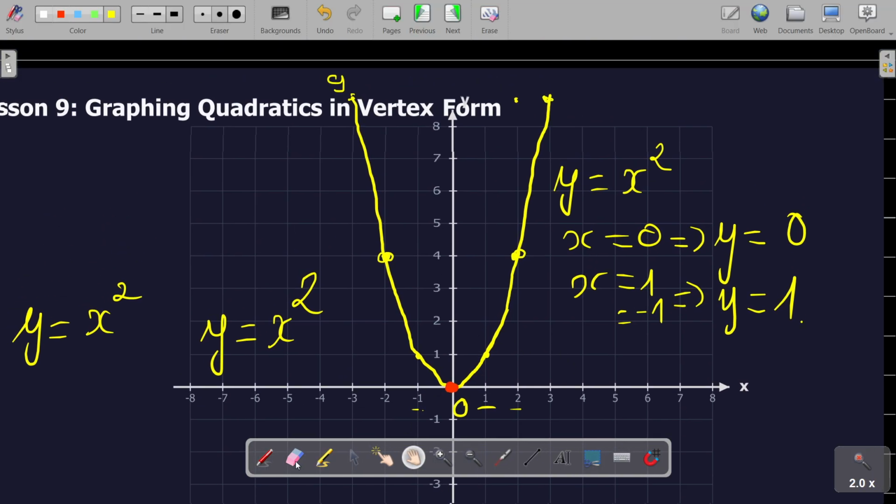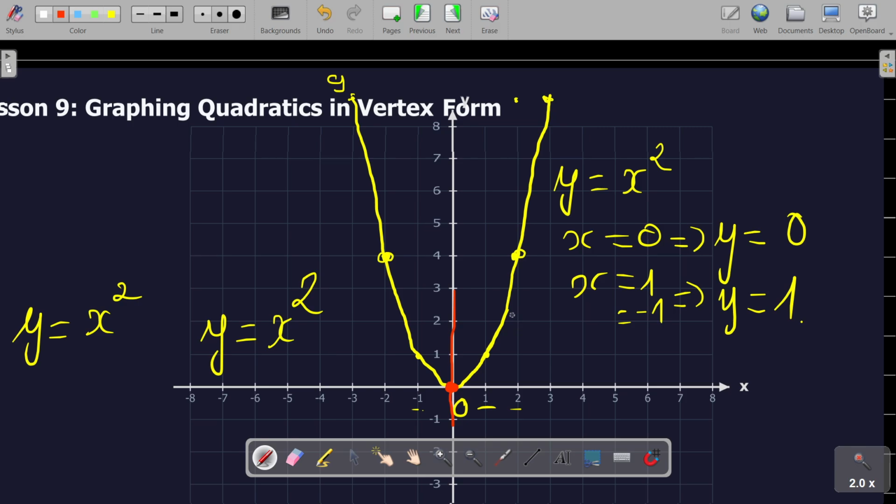Because, as you can see, on the left-hand side it goes like this, and on the right-hand side it goes very symmetrically. It is symmetric. So let's draw a vertical dashed line here, in red. The y-axis does it for us, but I'm going to draw it for you right here.